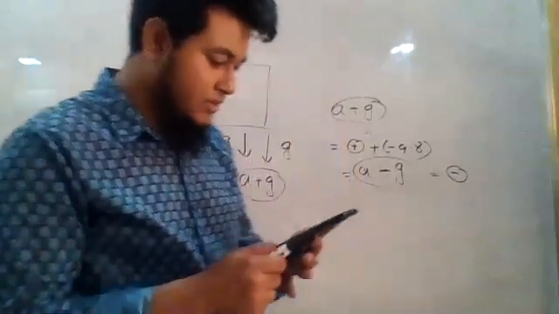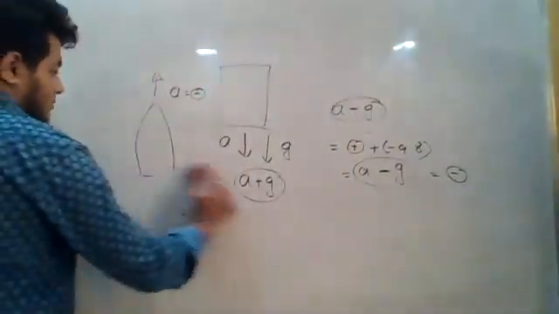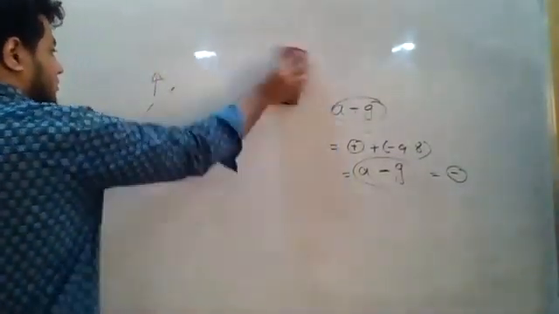So a thin uniform rod is there. Let me draw the thin uniform rod here.